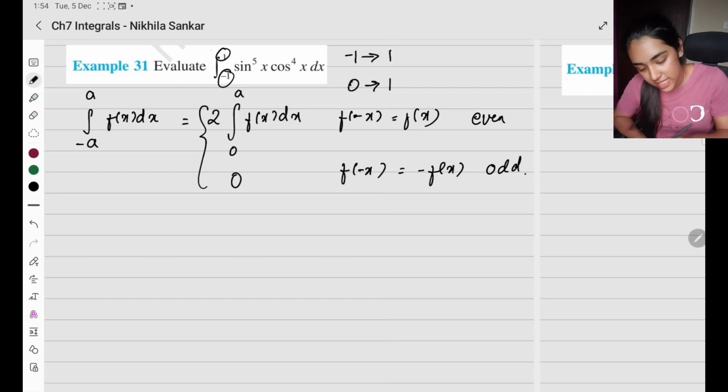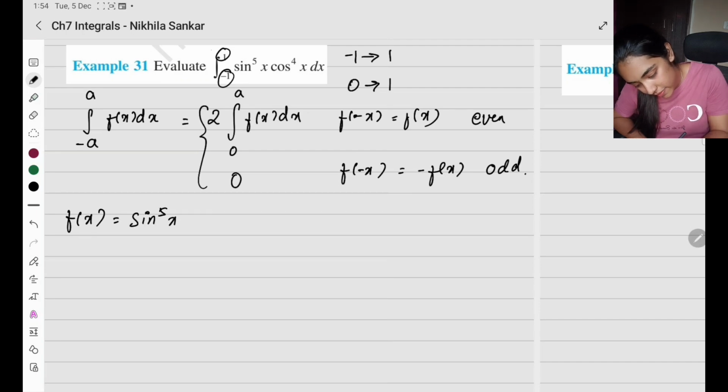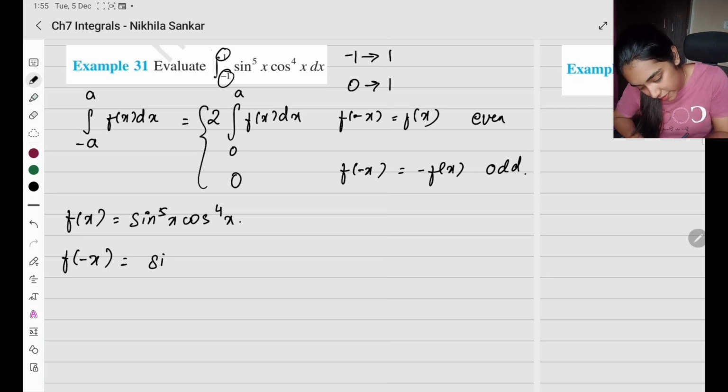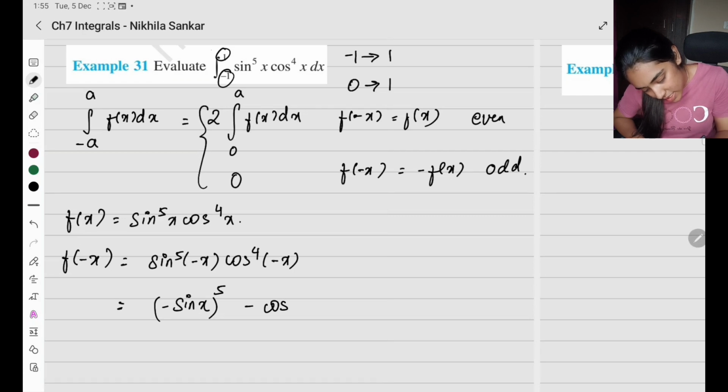So what is given inside? My f of x is sin 5x cos power 4x. So when I substitute f of minus x, what do I have? Sin 5 minus x cos power 4 minus x. So this is going to be minus sin x to the power 5, and cos of minus x is always going to be cos x. So this becomes cos power 4x.